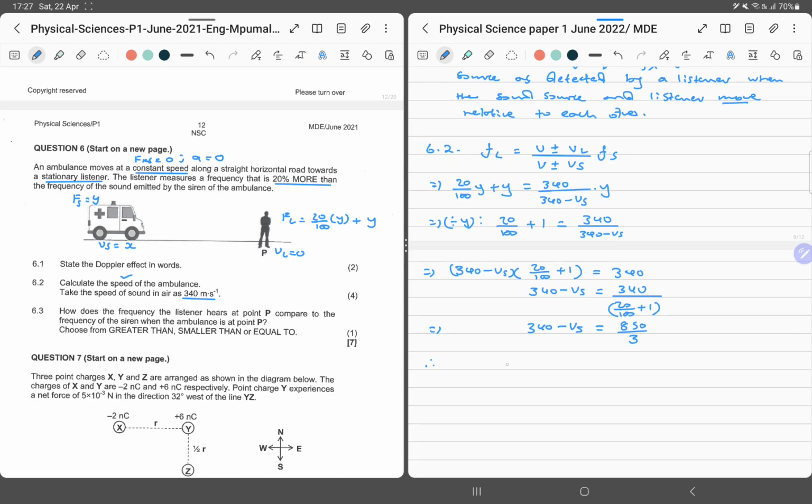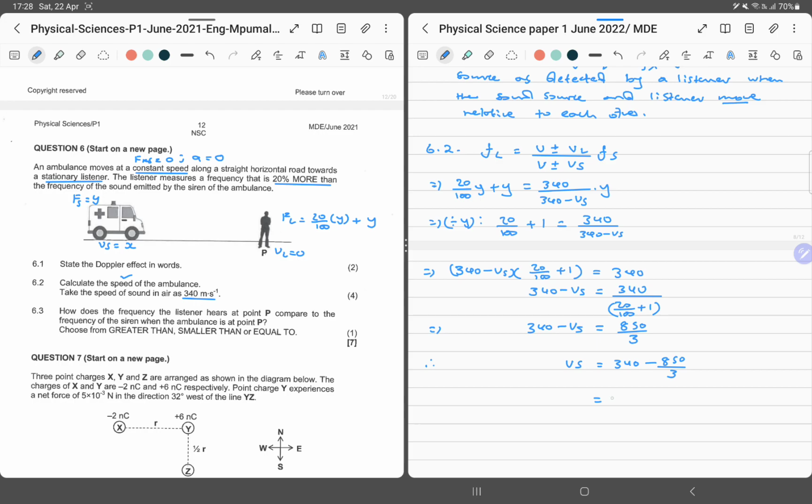Therefore, what do we know? Vs, you transpose this to the side, and then it's going to be 340 minus 850 over 3. So we're going to have 340 minus 850 divided by 3.